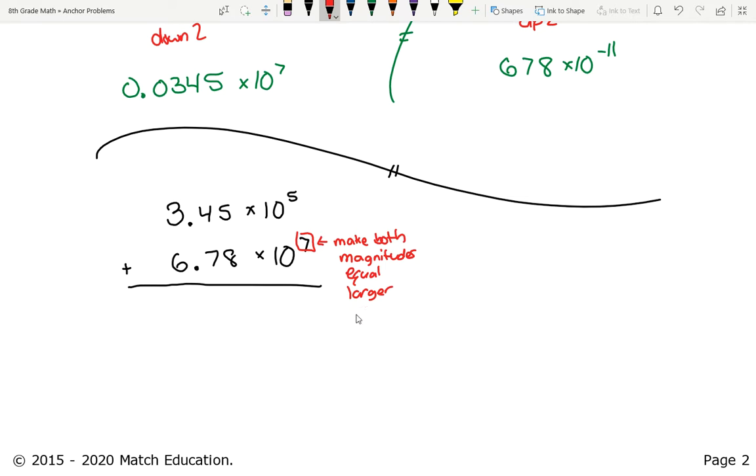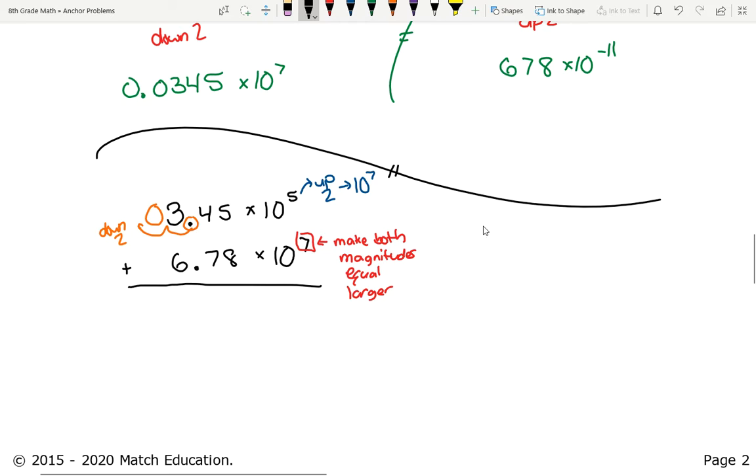That's what we're trying to do here, which means this 10 to the 5th needs to go up 2 to get to 10 to the 7th. Okay, which means then that this portion is going to have to go down 2 to make it match the up 2, or offset the up 2.